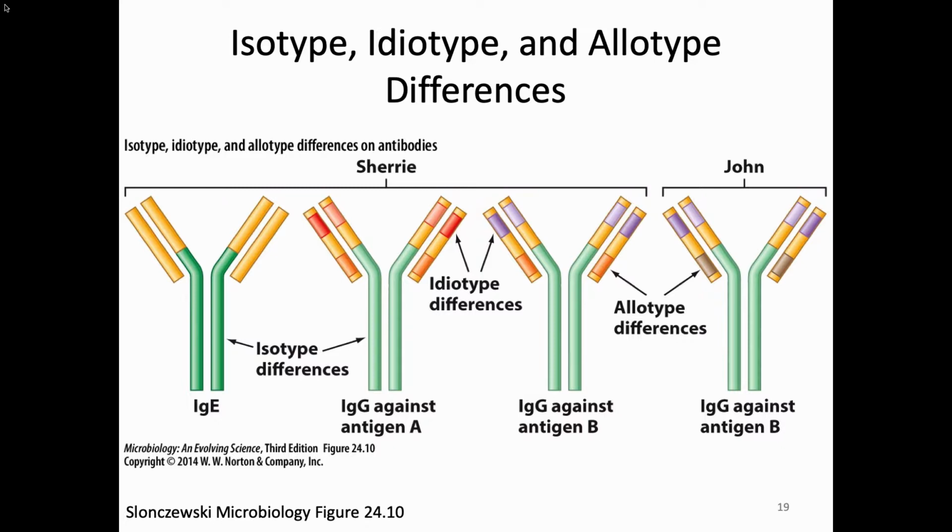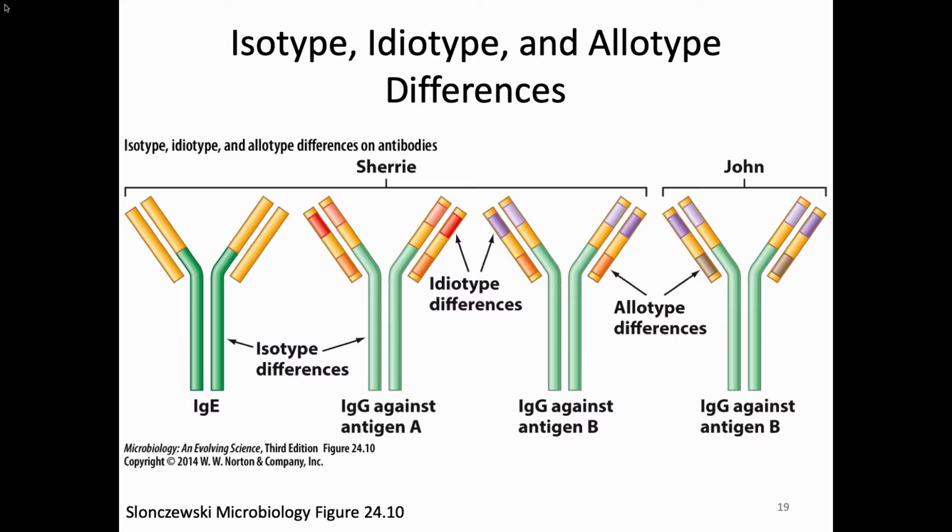I also want you to know that differences in antibody isotypes are not the only kind of differences that you can describe in antibodies. We are going to talk about isotype differences today. Here you can see some isotype differences where we have an IgE versus an IgG. They have different constant regions. We can also talk about antibodies that have the same constant region, the same isotype, but different variable regions. Those are known as different idiotype antibodies.